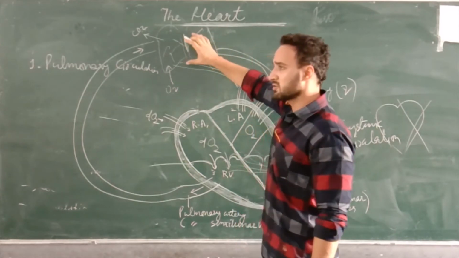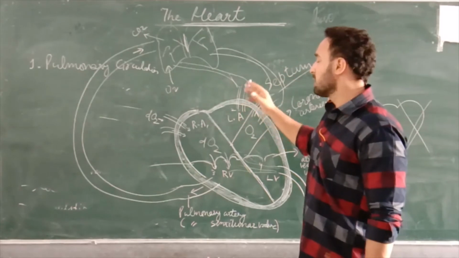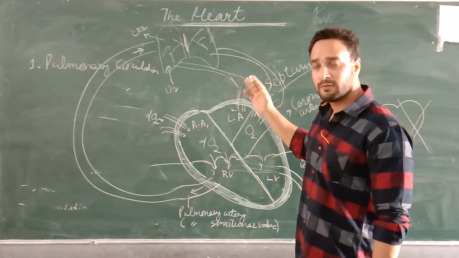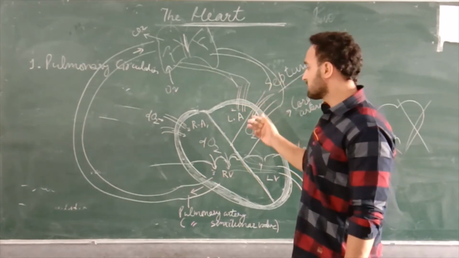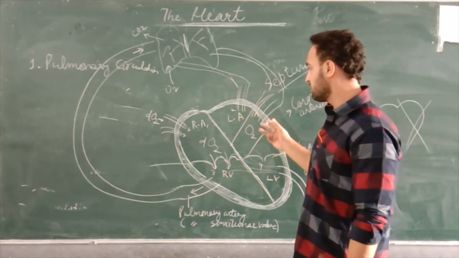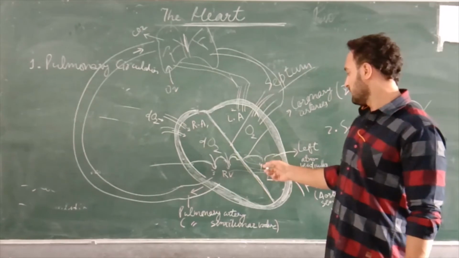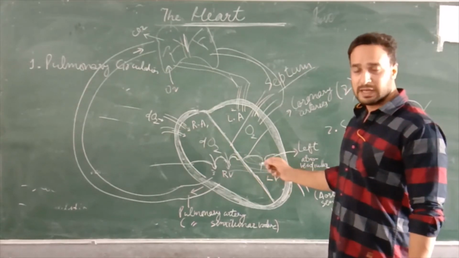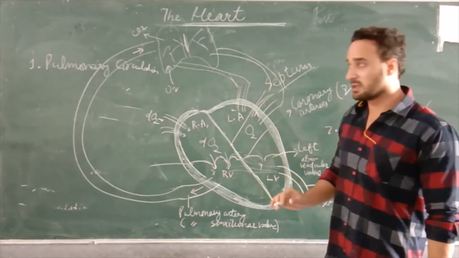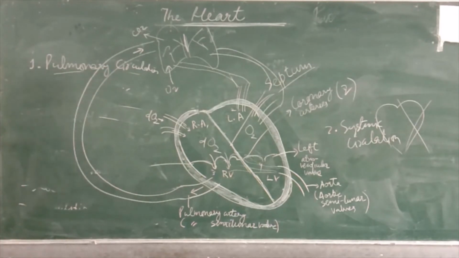This oxygenated blood is brought to the left auricle by the four pulmonary veins. And when this left auricle contracts, the blood again goes to the left ventricle now. So this completes one circuit, and this circulation is called pulmonary circulation.